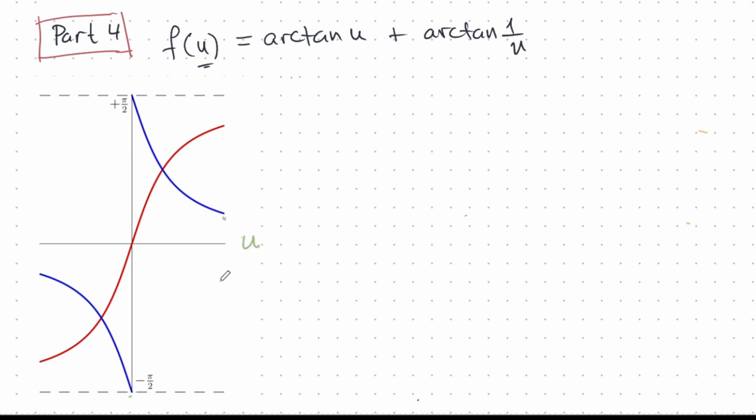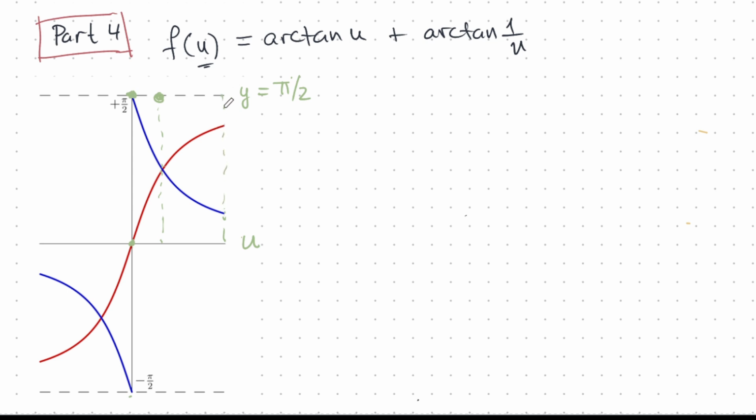So this is the u-axis. Let's take points along the u-axis and add the heights of these curves. So if I take a point here, u is 0, the height of the red curve is 0, and I add the height of the blue, and I get a point on the line y is pi over 2. Likewise here, if I add this height of the red, the height of the blue is the same, I get the point here. Here the height of the blue is low plus the height of the red, which compensates.